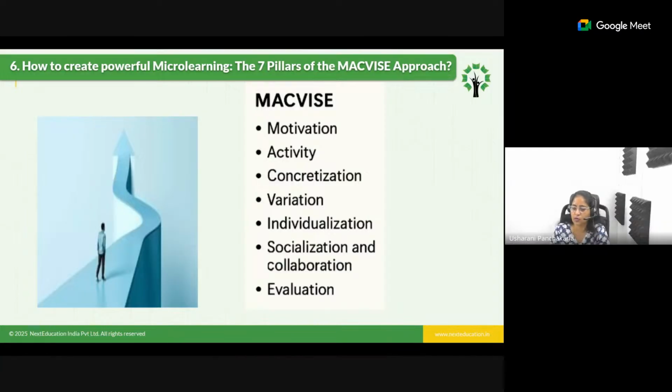They will collaborate among themselves and discuss, saying, I'm going to take up this, you can take up that. So there will not be any repetition, and the entire chapter would be demonstrated by the students themselves.